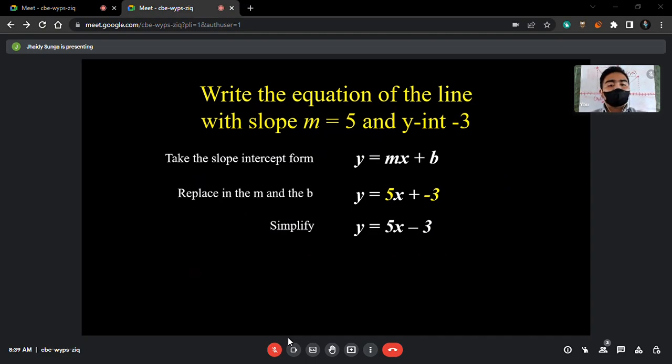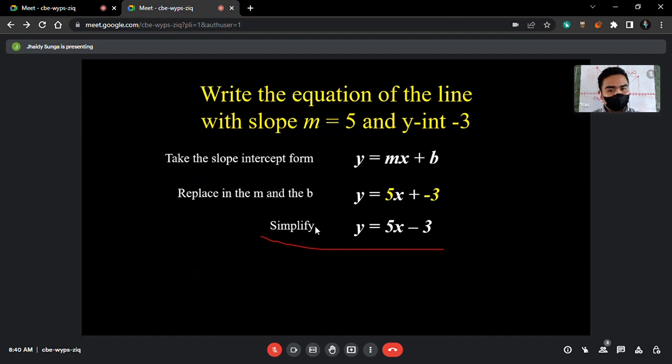Our final equation is y is equal to 5x minus 3. That is your equation of the line.